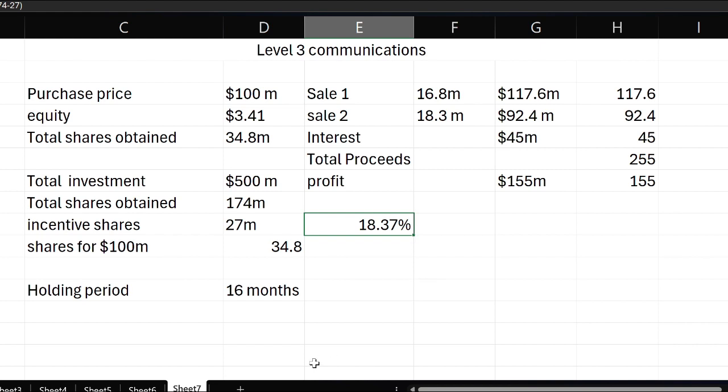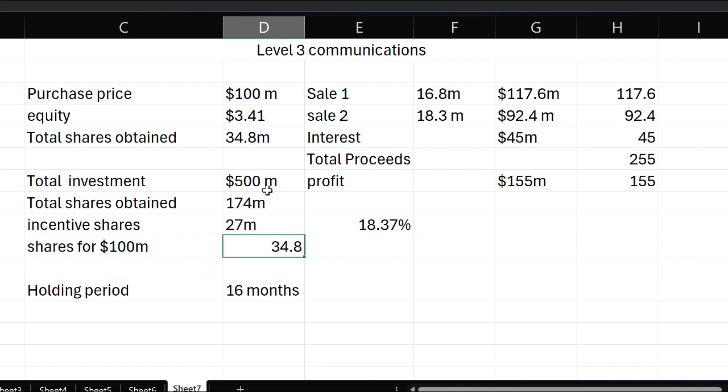So the holding period is only 16 months, and the shares for 100 million is just 34.8 million. This is what we have come to. And then he sold both the investments at different intervals.